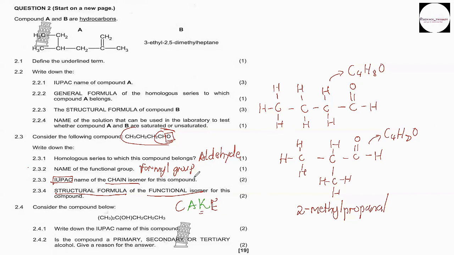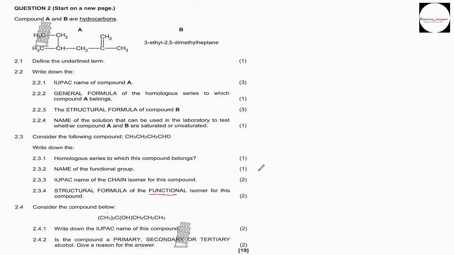So to indicate the structural formula of the functional isomer, let's indicate it here. Structural formula of the functional isomer, we have 1, 2, 3, 4. So we should still maintain that we have 4 carbon atoms, and then we can just shift our double bond oxygen to the second carbon there, and then this makes it a ketone.